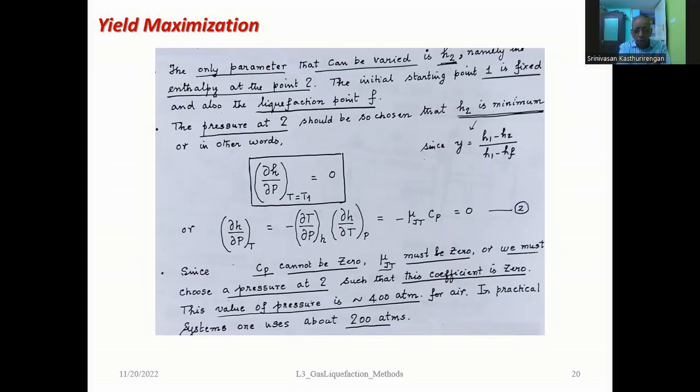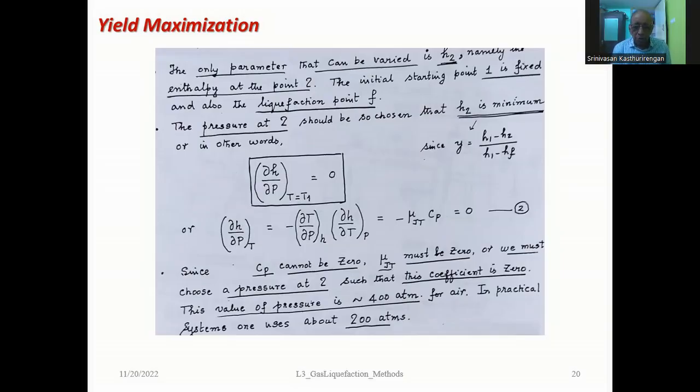So how do we do this? Then we have to take dou H by dou P at T equal to T1 to be equal to 0 at this particular point. Now we can rewrite this expression as dou H by dou P at constant T equal to minus dou T by dou P at constant H into dou H by dou T at constant P. And that is nothing but minus mu JT into Cp.